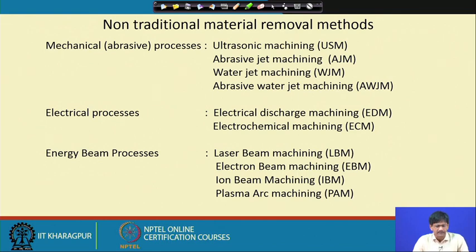So, in these methods, typically we find that the material removal rate might not be very high, but the feasibility of the process is the telling factor. It is the ultimate deciding factor.